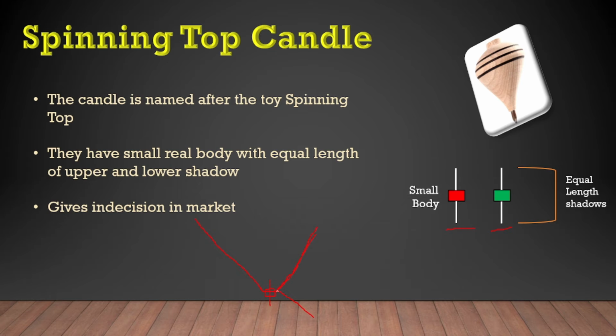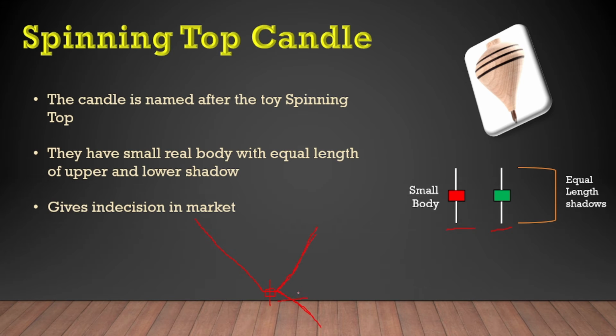Unfortunately, if by any chance the trend goes in the opposite direction, then we can just exit from the market with some loss. So this is what happens, friends, when a spinning top candle forms in both uptrend and downtrend.